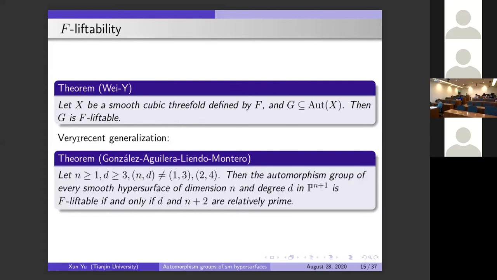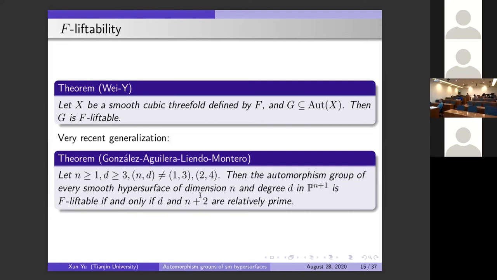One remark is that very recently, the following generalization was announced by them. Suppose n is greater or equal to 1 and d is greater or equal to 3, and d is not 1, 2, 3, 4. Then the automorphism group of every smooth hypersurface of dimension n and degree d in P^(n+1) is F-liftable if and only if d and n plus 2 are relatively prime.